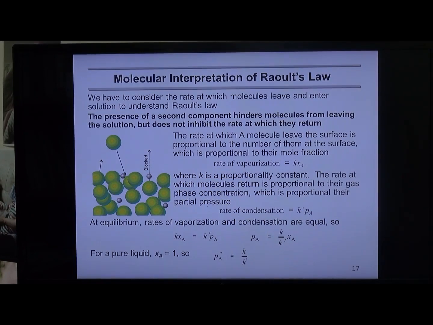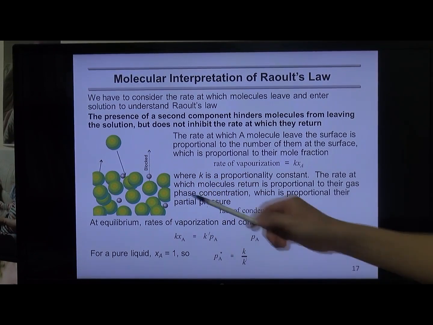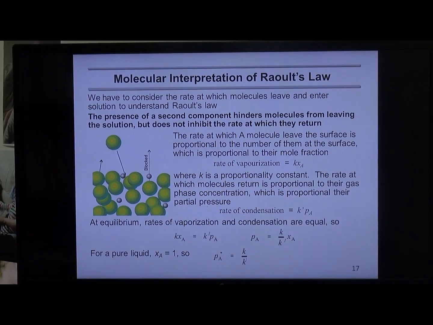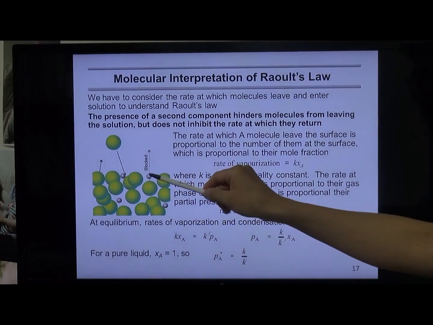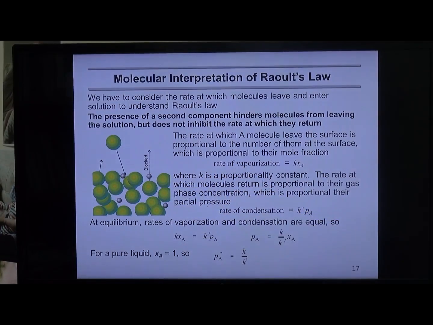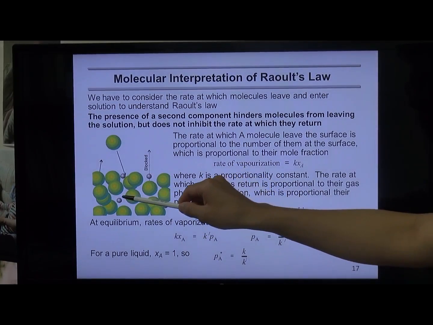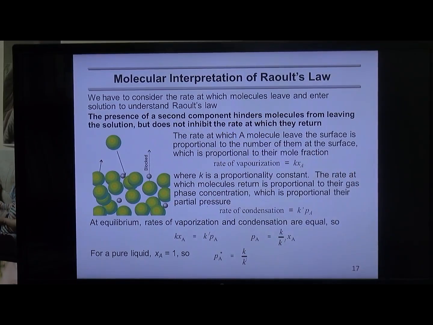In comparison, if there are other components in a mixture, that will prevent this material from evaporating. So evaporation is less compared to pure form. That's why vapor pressure decreases in a mixture compared to pure form.